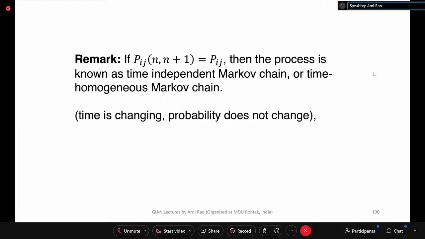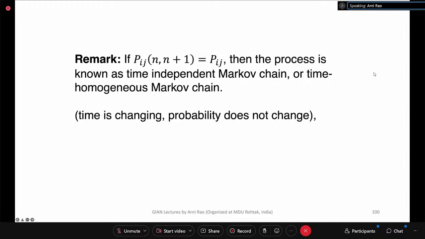So that ends the Chapman-Kolmogorov. The PIJ from n to n plus 1 is usually one step, and we just write it as PIJ. PIJ means a one step. More than one step, we write in brackets. So time only changes, the probability does not change.